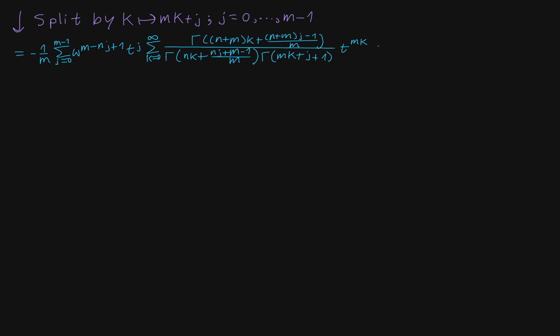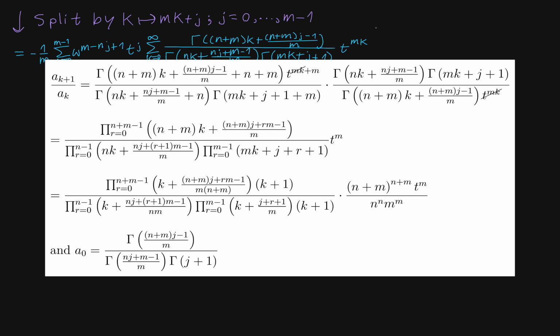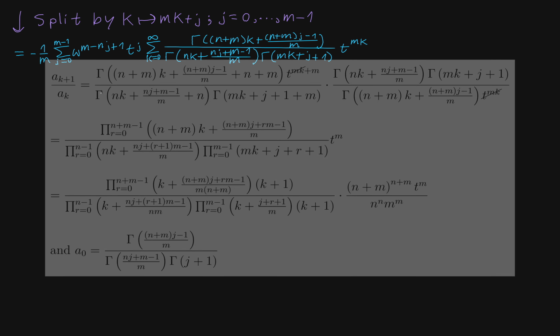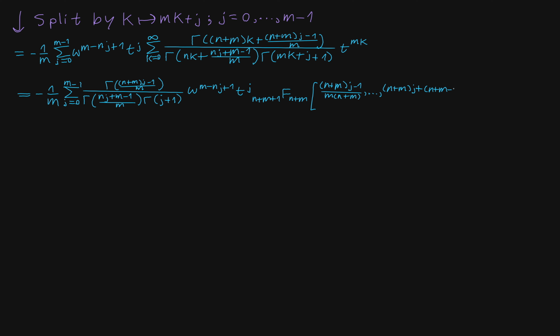So this is the following expression that we have now. And again, you just check the ratios properly, and we're going to get another set of the parameters for the hypergeometric function, which we can write, and there we go.